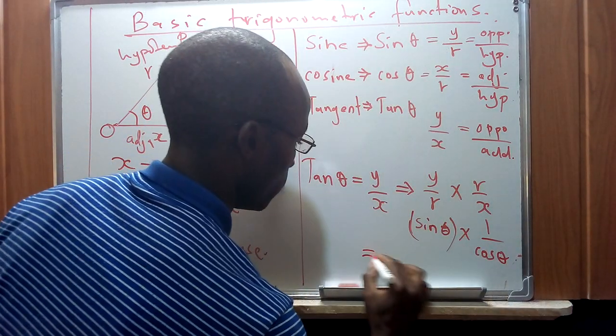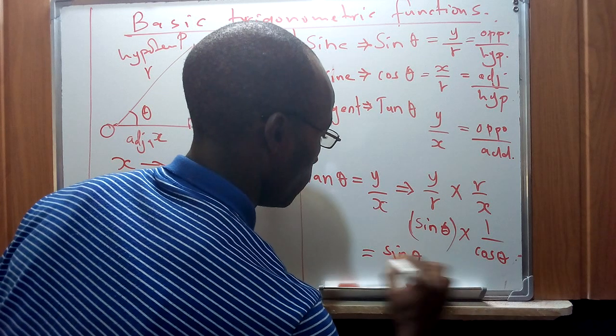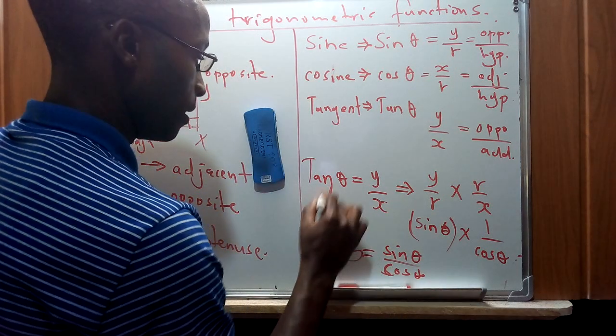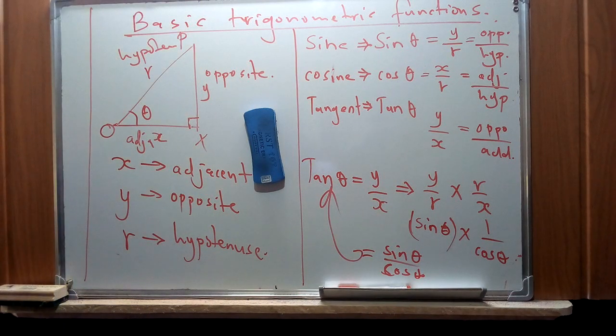Therefore this gives us a product, a ratio of the sine of theta over the cosine of theta, implying tan of theta equals the sine of theta over the cosine of theta.